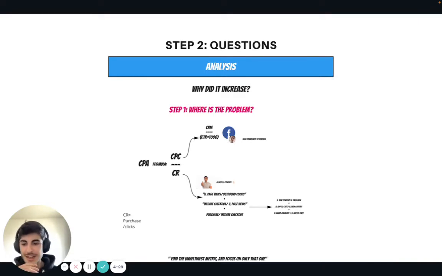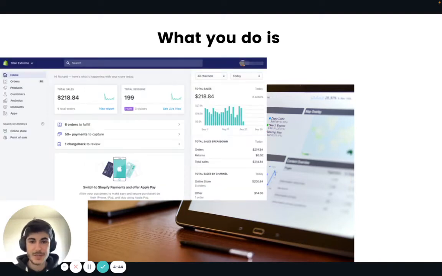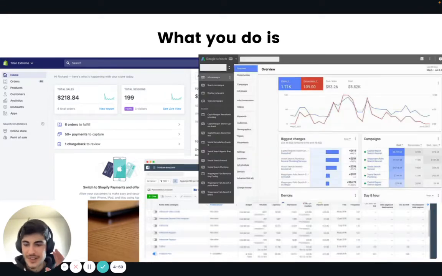Now, these formulas are fueled by data. What you do every day as a marketer is open Google Analytics, see what is happening, and see if it matches with Shopify. Then you look at the Facebook Ads dashboard, try to find the same thing, and check how it's going with Google AdWords.